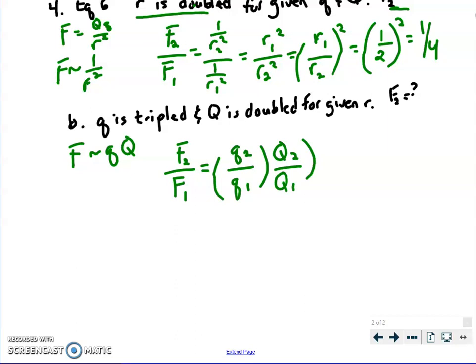I just do a separate one for each variable. So little q is triple, so the first parentheses is 3. The big Q is doubled, so that's just 2. So I get 6. So by changing both of these, I increase F accordingly. And that's why I get a 6-fold increase in force.